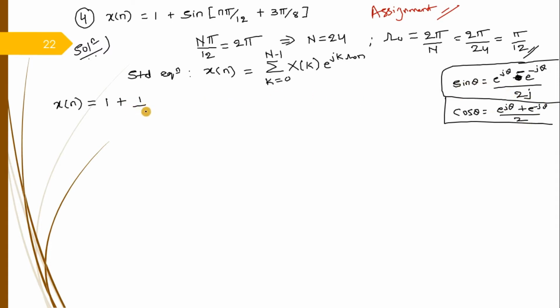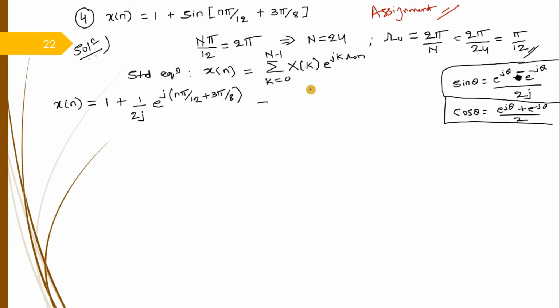So in place of sin theta, I write the first term as 1 by 2j e raised to j theta. Whatever is here, I am just copying: n pi by 12 plus 3 pi by 8.